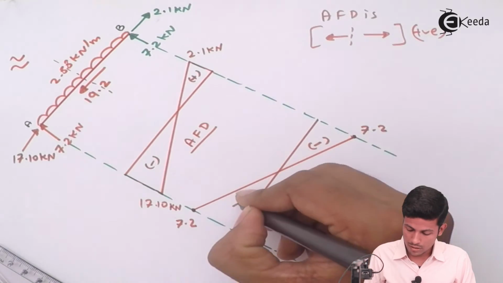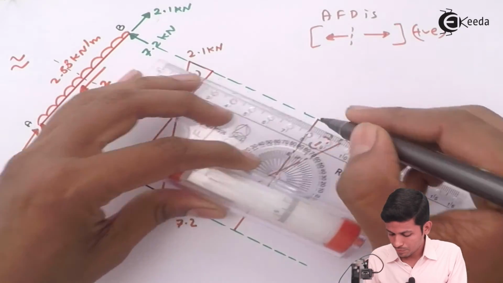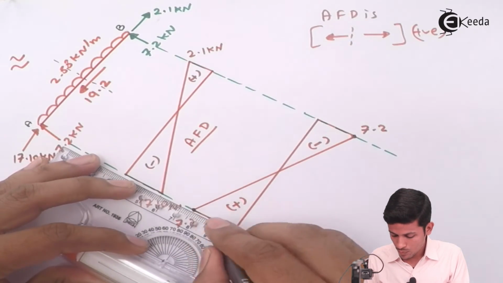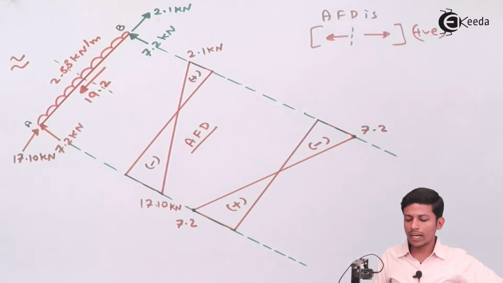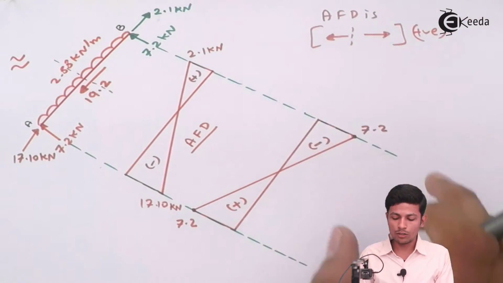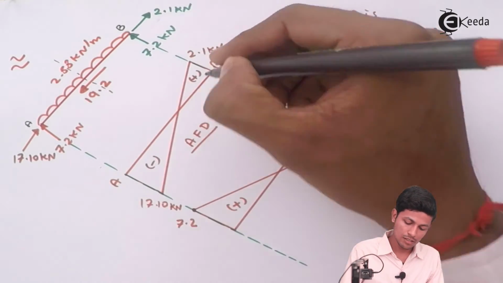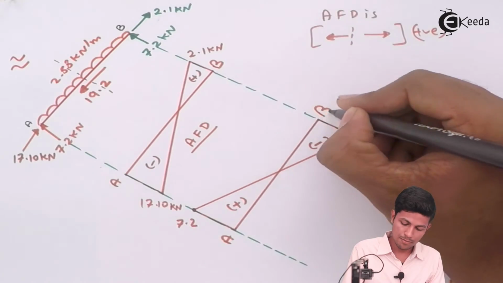This is minus, this is plus. If you do not understand, you can directly draw the diagram by solving the AFD part over here also. Okay, this is your part A, this is your B.